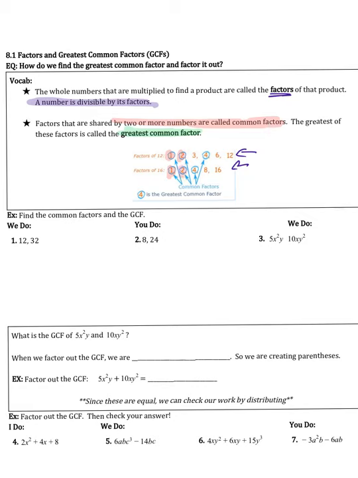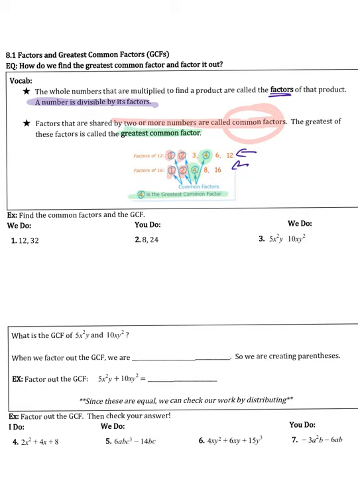They both are divisible by 2. They both are divisible by 4. So 1, 2, and 4 are all common factors. The greatest of these numbers, the largest, is 4. So 4 is said to be the greatest common factor. All of those are common factors, but 4 is the greatest common factor.